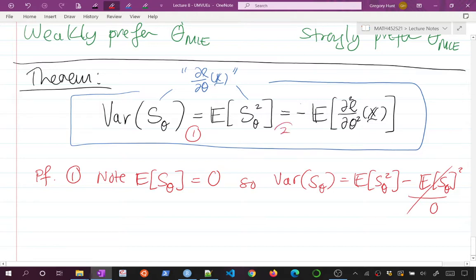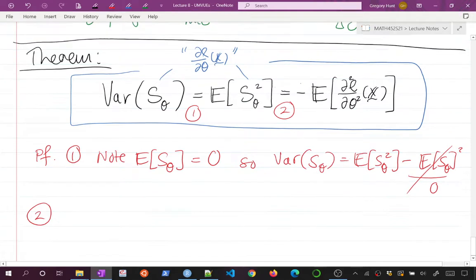That's very straightforward. It just comes from the first part, the fact that the expectation is 0. We have the second, more interesting equality here. It gives us a way of calculating this variance of the score without needing to square it, right?